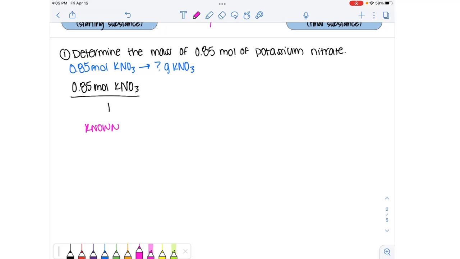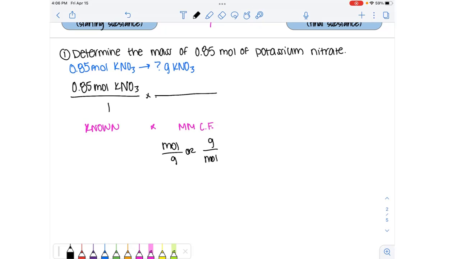So from the mole map, we saw that we are going to take our known quantity and we are going to multiply it by the molar mass conversion factor, which we saw was some number of grams per 1 mole of that substance. So for potassium nitrate, we have to decide, do I want to plug this in as moles over grams or grams over moles?